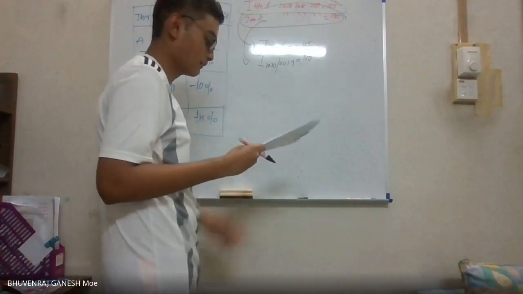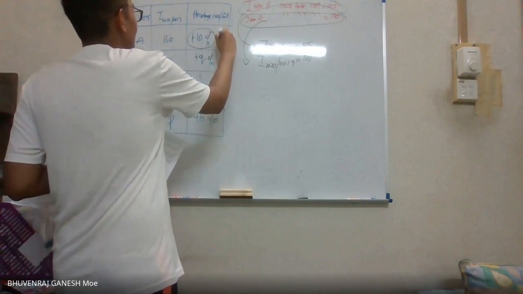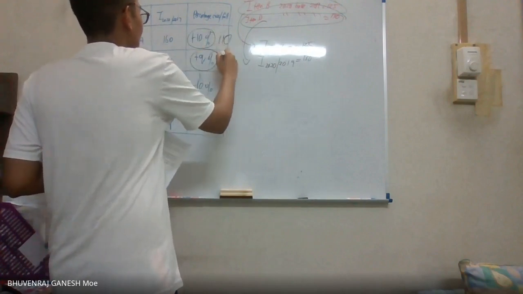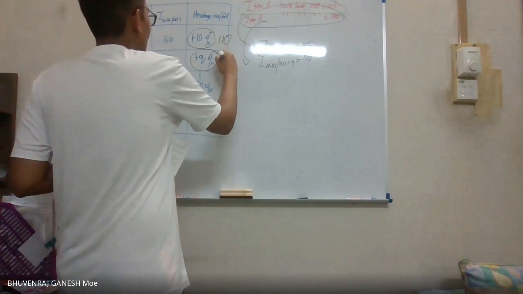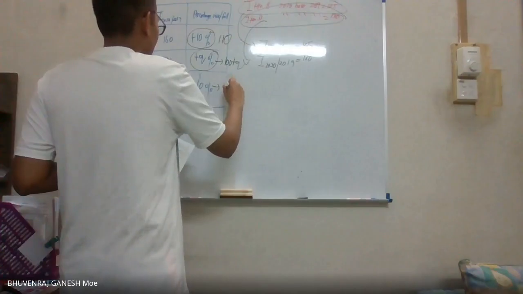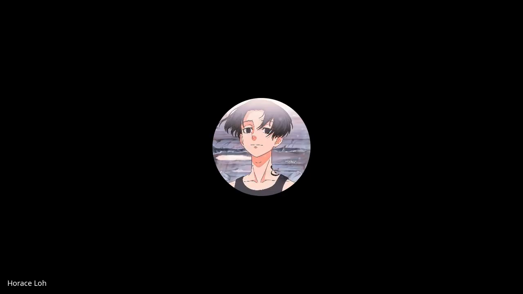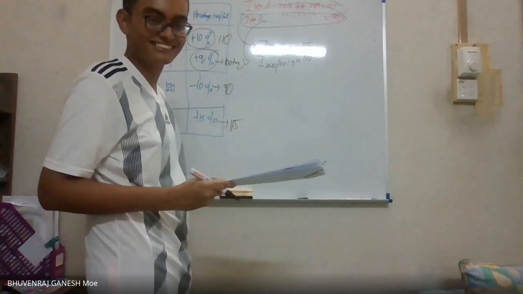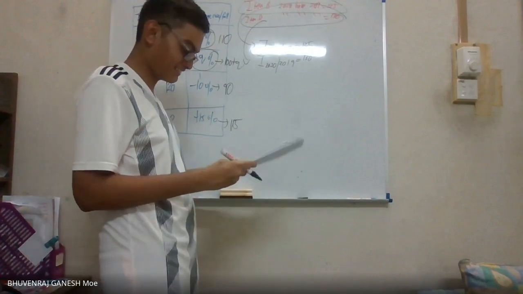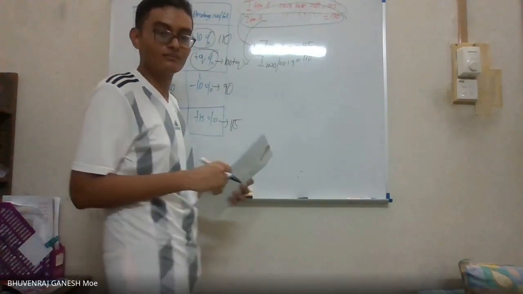So we look for the first. Oh, wait, this one we must interpret, because it's in terms of percentage. So this is 100 plus Q, and then it's 90, and then this is 115. And then first they ask to find P and Q.